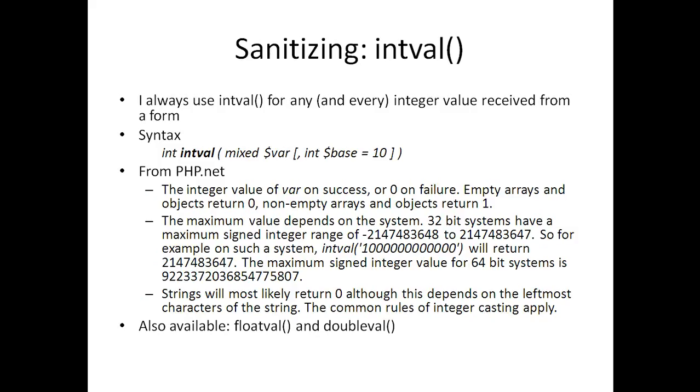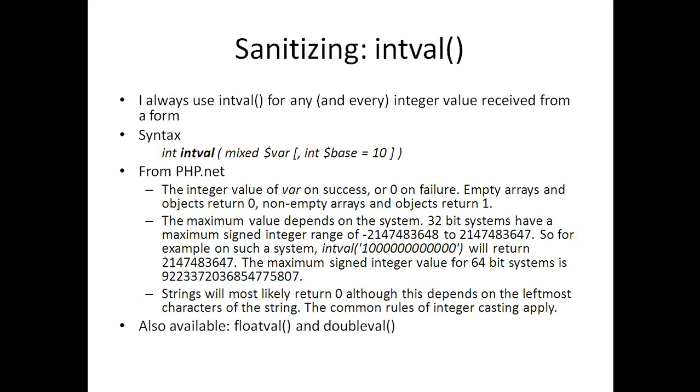The maximum value that intval returns depends on the system. 32-bit systems have a maximum signed integer range of negative 2,147,483,648 all the way to a positive 2,147,483,647.